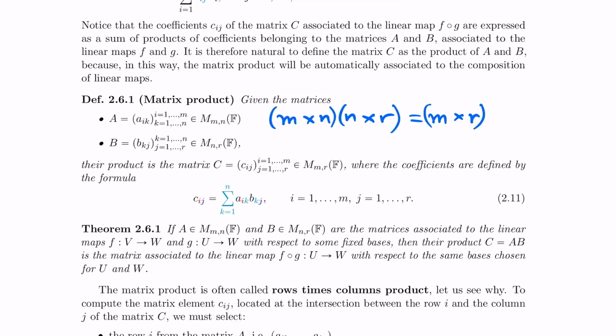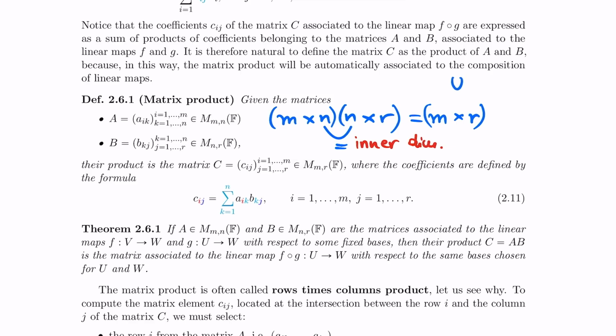You can see that there is a dimension that repeats itself. This is called the inner dimension of the two matrices when they are multiplied together, and it must be exactly the same, otherwise the matrix product cannot be defined. The reason why the inner dimensions must be the same follows from how the matrix product has been defined.